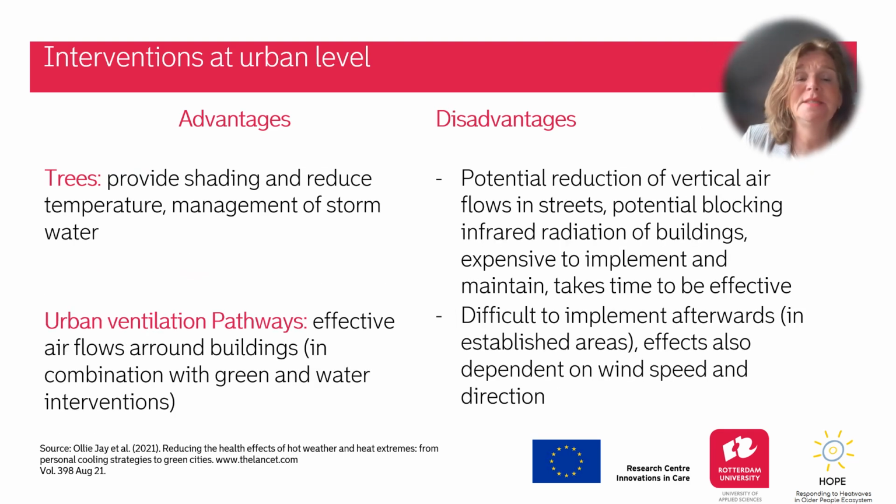Another intervention is the use of trees. Trees provide shading and they reduce temperature. They are also helpful in the management of stormwater, as they are essential in the ecosystem. A disadvantage, however, is that the potential for vertical airflows in the streets is diminished by trees, and they also may block infrared radiation of buildings.